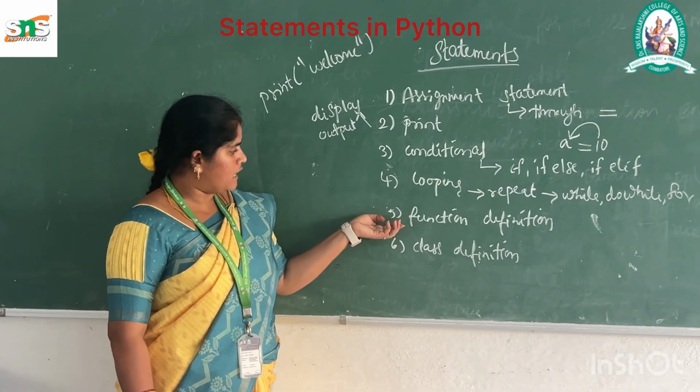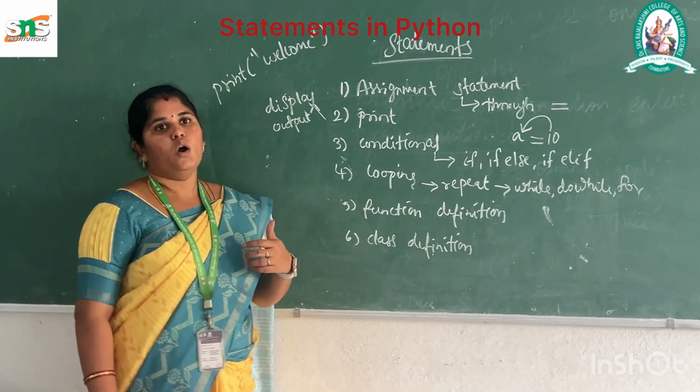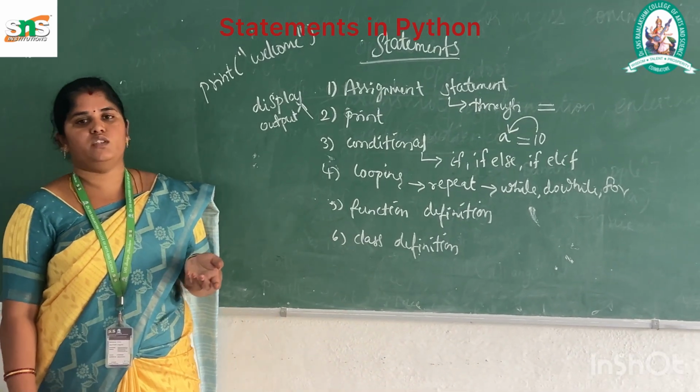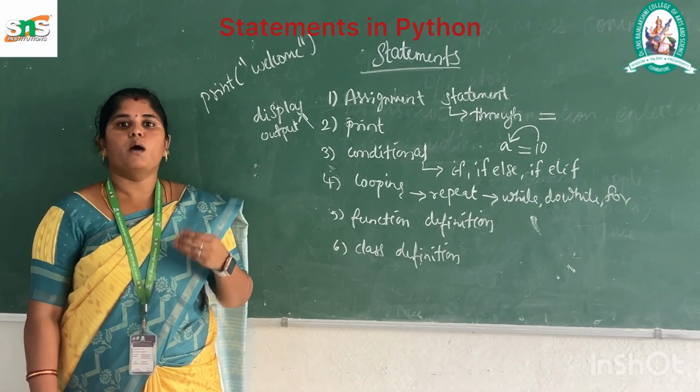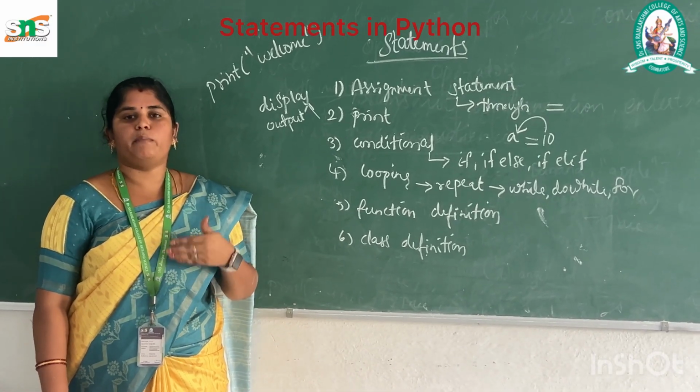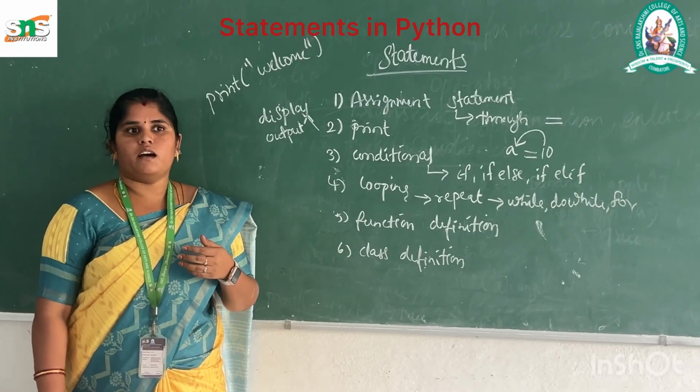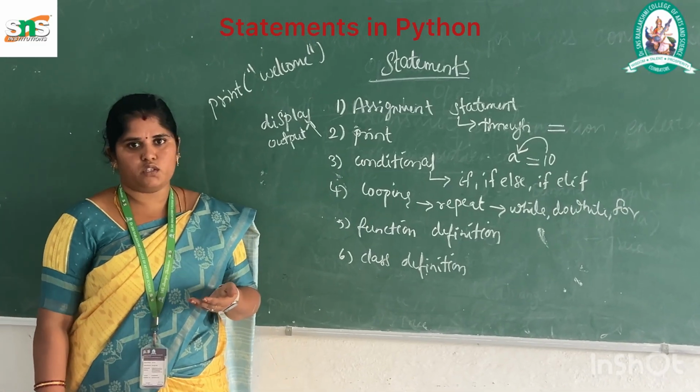Fifth one will be the function definition. Why do we want to use a function definition? Some part of the statements may need to be executed many times, depending on the conditions.